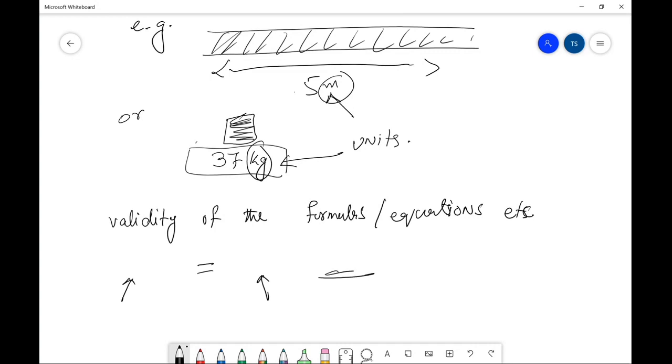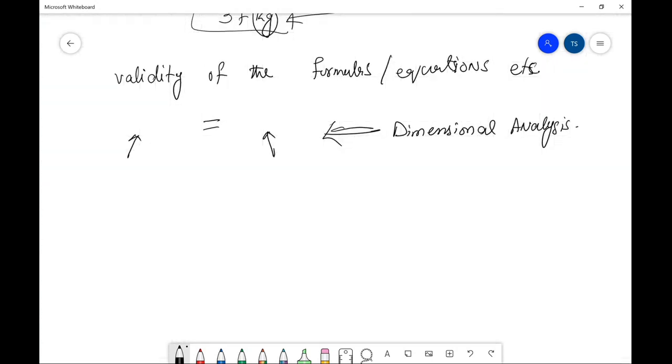This analysis is called dimensional analysis. Let's talk about an example of how we check the validity of a formula. So let's go and look at an example.